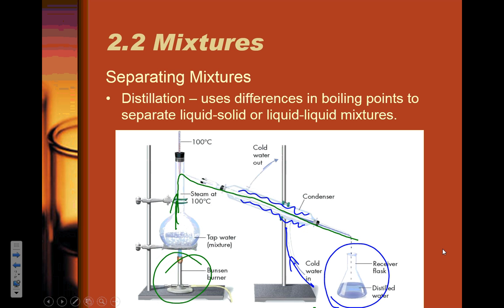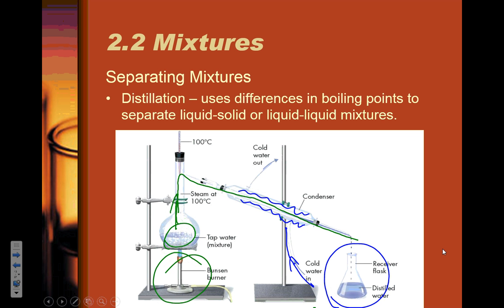If we had salt dissolved in water, the salt, which has a much higher boiling point than 100 degrees Celsius, is going to be left behind over here in our container, but the water would move through. Now we can also separate a mixture of something like rubbing alcohol and water. Rubbing alcohol has a lower boiling point than water does.